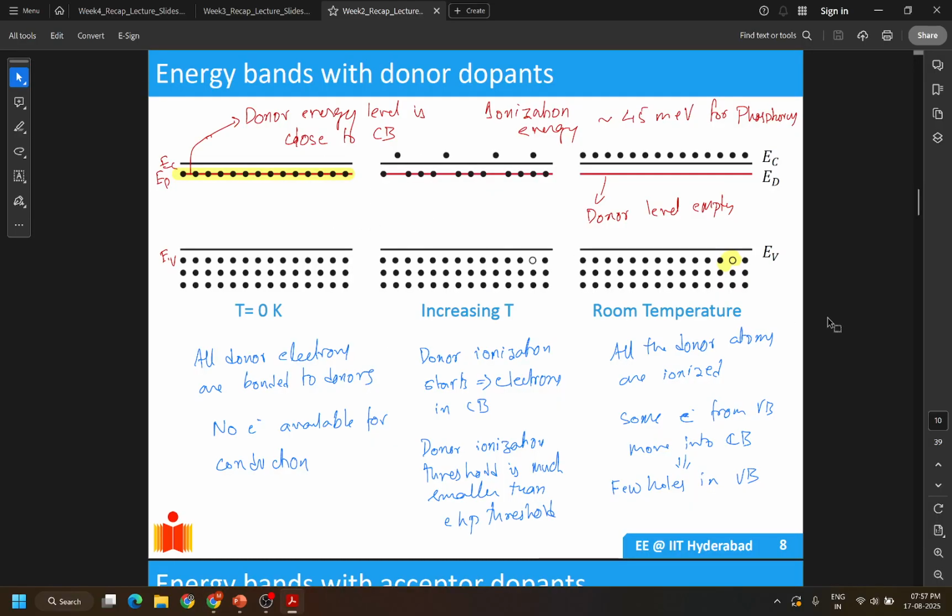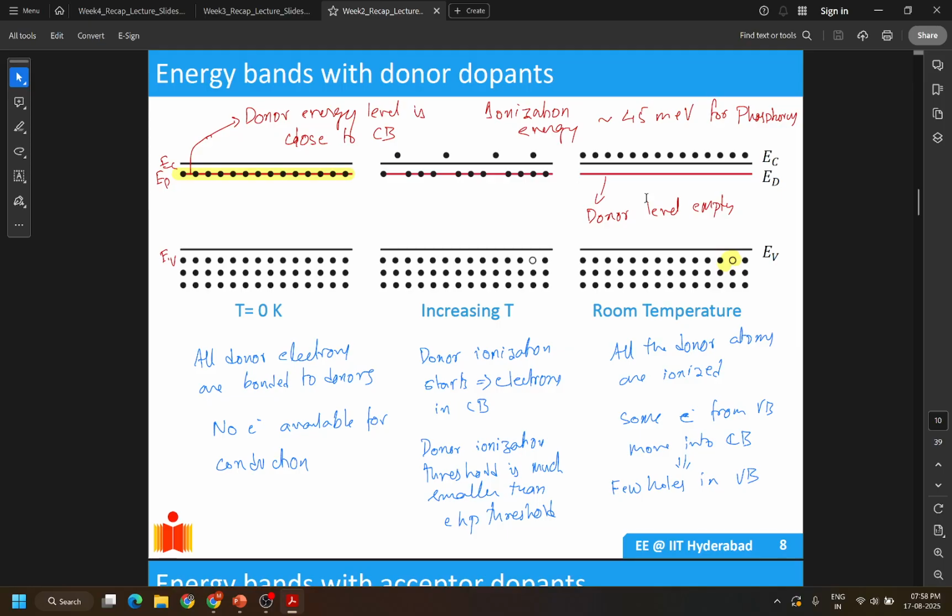So in this question, at 0 Kelvin, all of them are neutral. None of them are ionized. Then as you increase T, some of them lose electrons, and that is called donor ionization. So the donors are getting ionized and providing electrons to the conduction band.